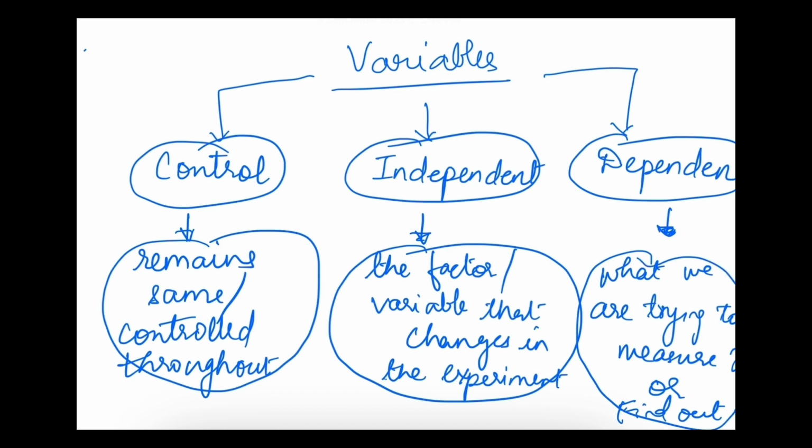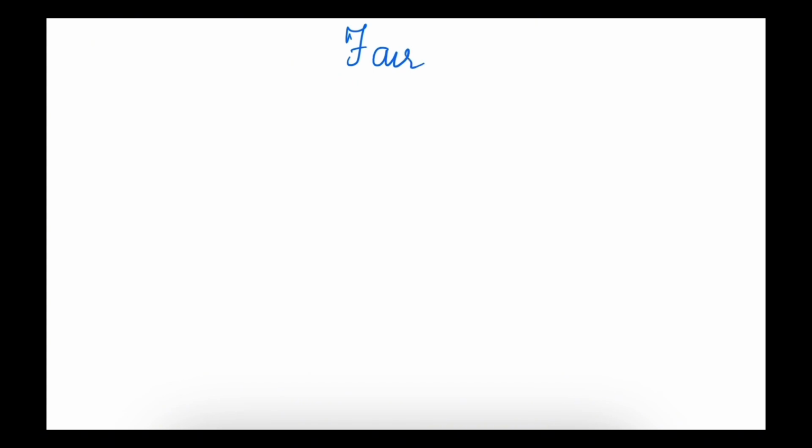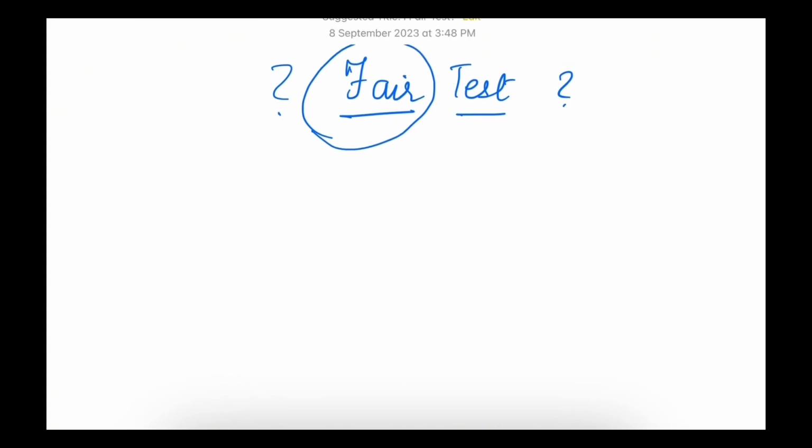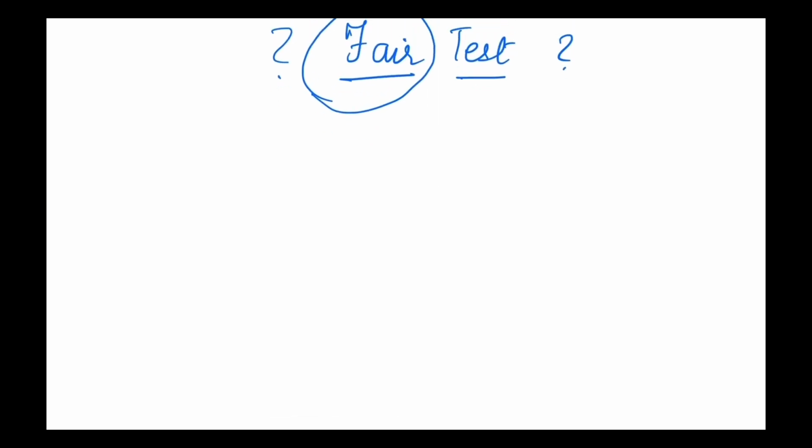Now there is something called as FAIR test, which should be known to you during an experiment. What exactly is this FAIR test? Let me explain you. So what do you mean by FAIR test? You must be knowing what is the meaning of fair, because all the time you keep crying, no miss, this is unfair, right? So if something is unfair, that means you must be knowing what is fair. So what is fair? Fair means right or correct, a situation that is right or correct.